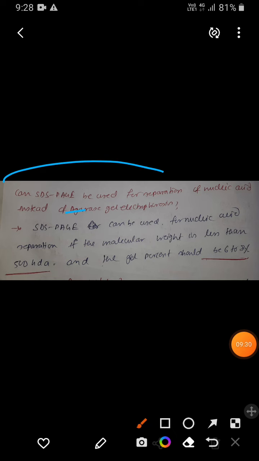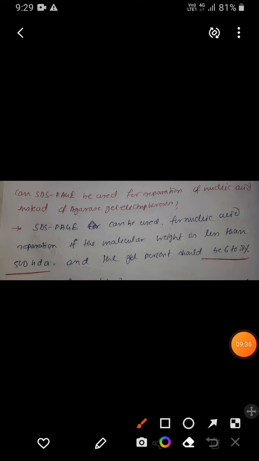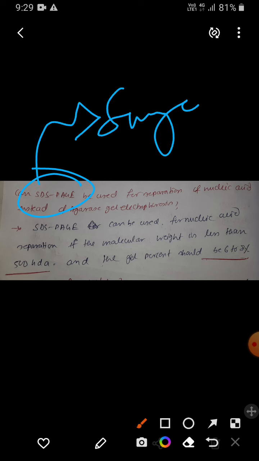Now the question is, can we use SDS PAGE for separation of nucleic acid? I have already discussed with you about the use of SDS PAGE in nucleic acid. Try to remember where. We have used SDS PAGE in DNA sequencing with the help of Sanger's method. I hope you remember. We have discussed Sanger method DNA sequencing in our recombinant DNA technology section, right?